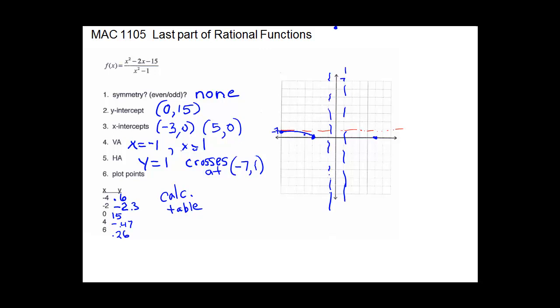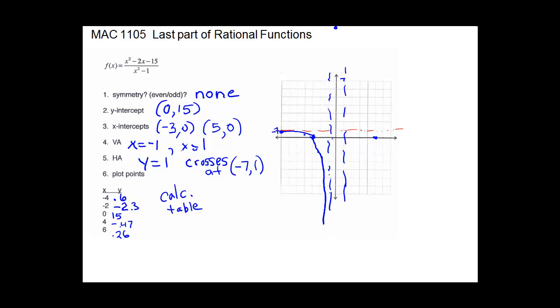It's going to go down toward this asymptote. It will not cross a vertical asymptote. So at -2, it's going to be down here somewhere. -2.3 from our table, about right there. Right, so we can draw the rest of that, and it's going toward that asymptote.